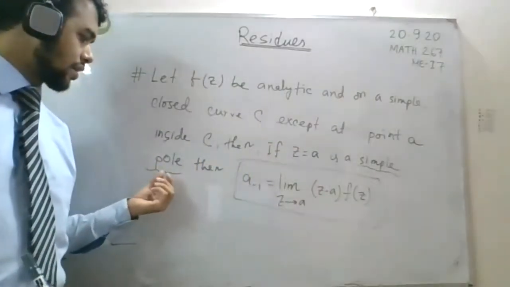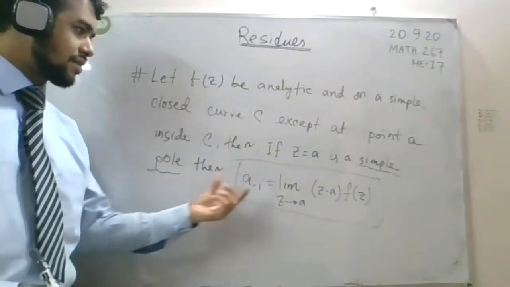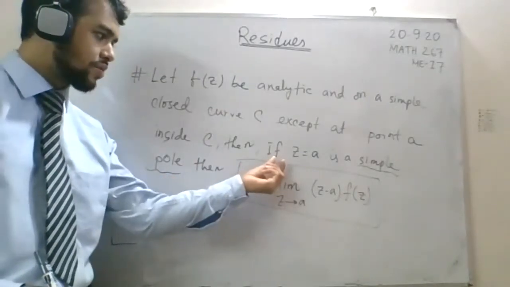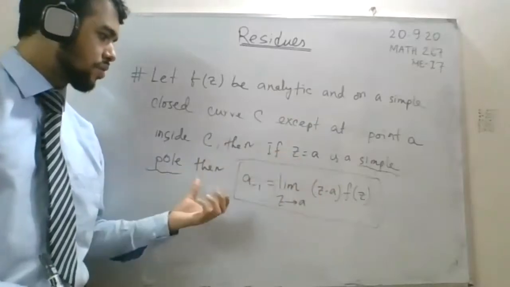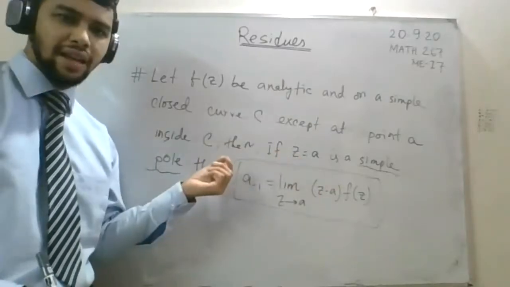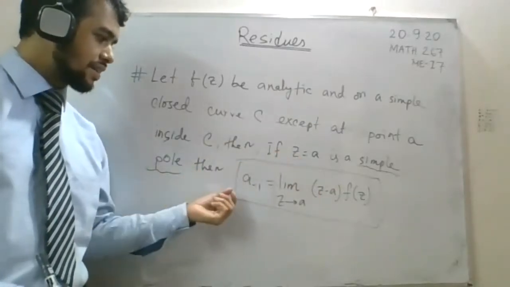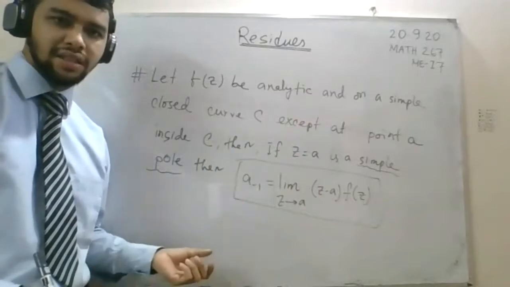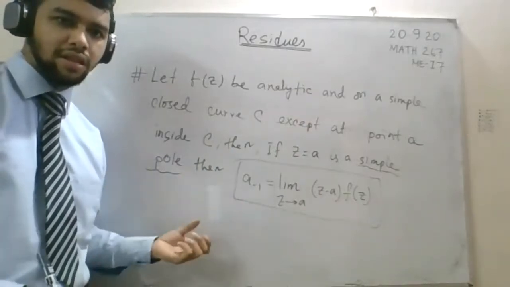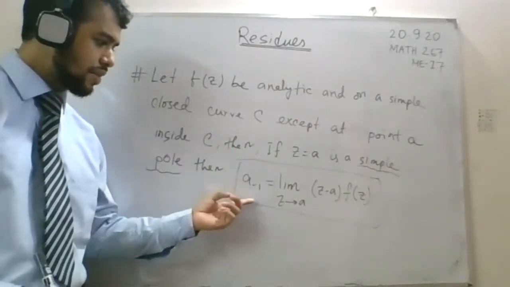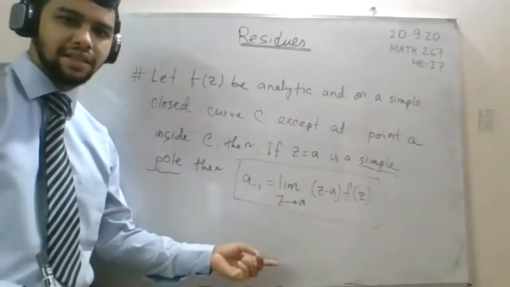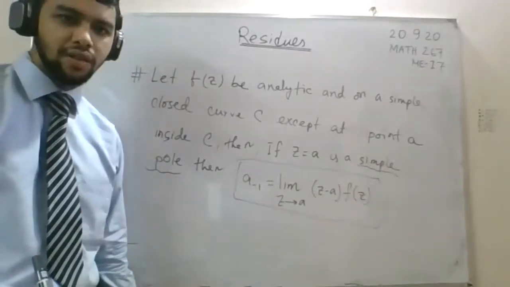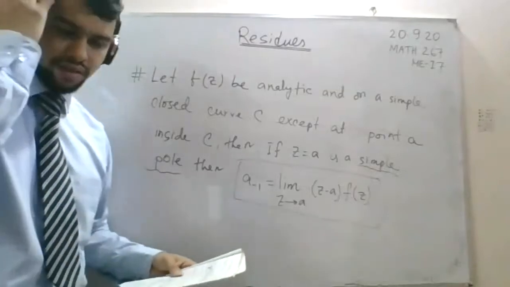So if you have to find the simple pole of a function, and then if I say find out the residue of this simple pole of the function, then the formula is a minus 1 equals limit z tends to a of (z minus a) into f(z). Okay, so I will give you the example.